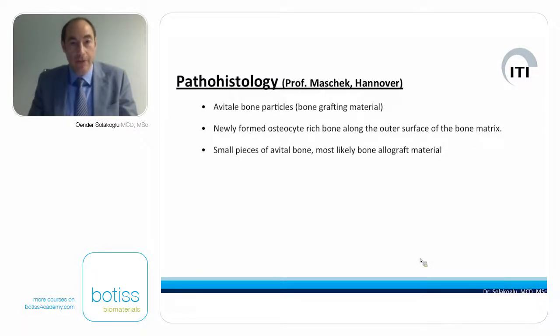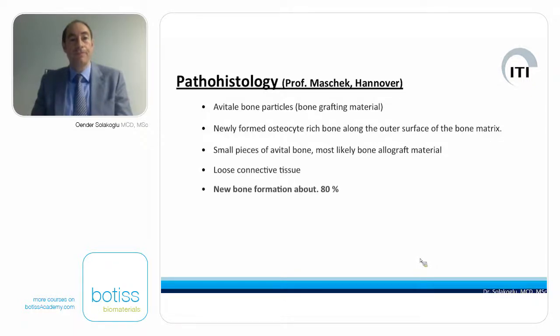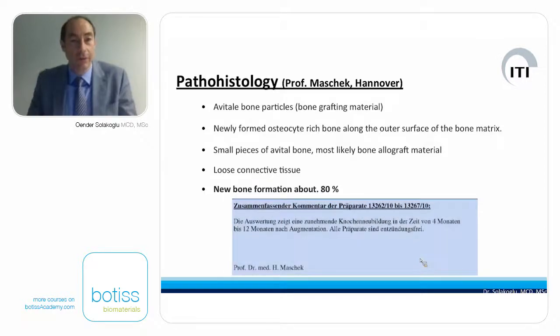Newly formed osteocyte-rich bone along the outer surface of the bone matrices, small pieces of avital bone, most likely the allograft material, and loose connective tissue surrounding this newly formed bone, and new bone formation about 80% after 4 to 9 months of healing. And he summarized the increase of bone building in the time frame between 4 months and 12 months after augmentation, and no signs of inflammation.